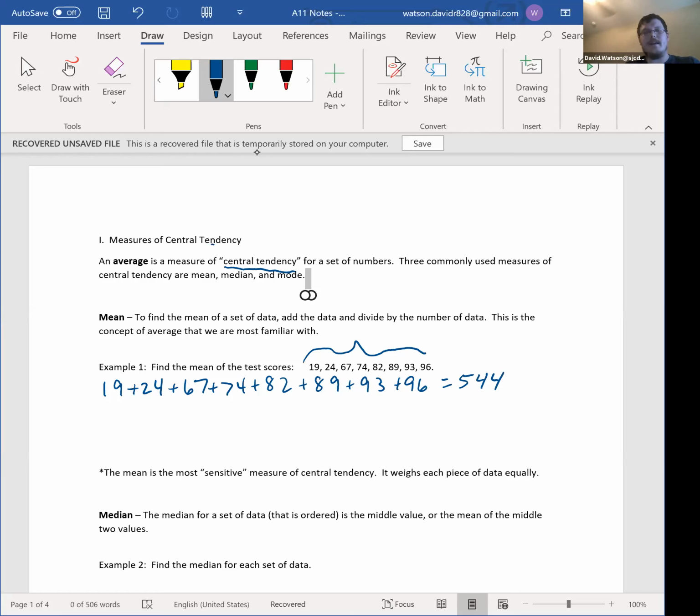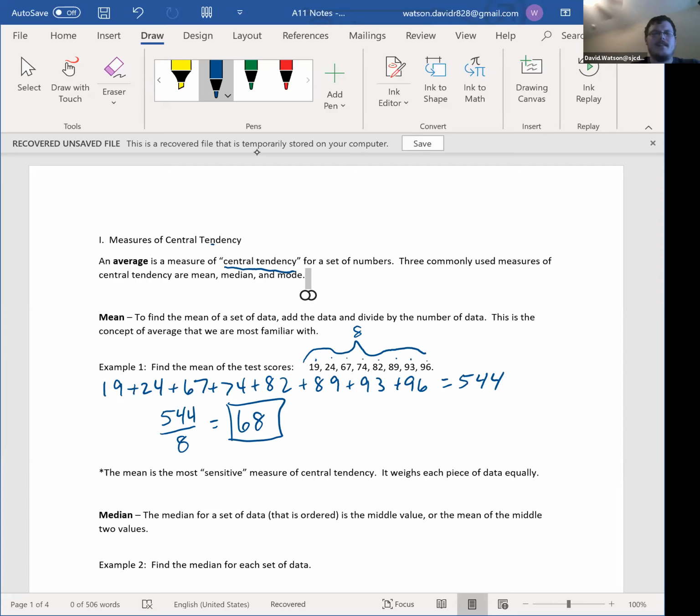So that's the sum of it. And then we just need to divide by how many numbers there were. There's 1, 2, 3, 4, 5, 6, 7, 8 numbers. So we do 544 divided by 8, and we get 68. And there's our mean.